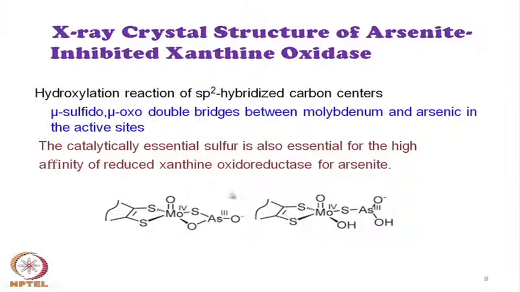If we go for crystallization of this species with an arsenite anion, where arsenic is in the low oxidation state and not the 5 oxidation state, then we have two combinations of this arsenic based oxo anion: one is arsenite, another is arsenate. So, we simply react the arsenite with the corresponding xanthine oxidase.